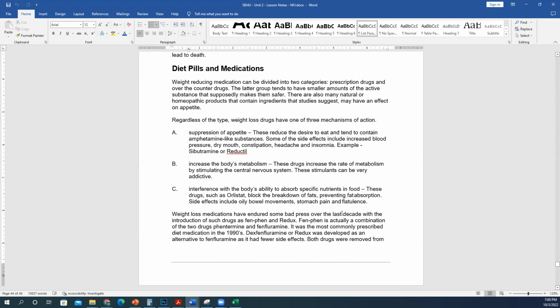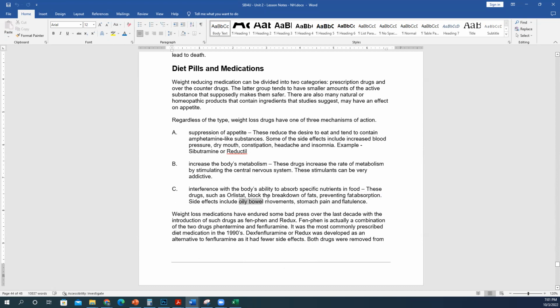The problem is that your intestines have not evolved to be able to have a lot of fat move through them. And when you block the breakdown of fats, the side effect ends up being that you have very oily bowel movements. And this can lead to quite a bit of cramps and stomach pain and flatulence.